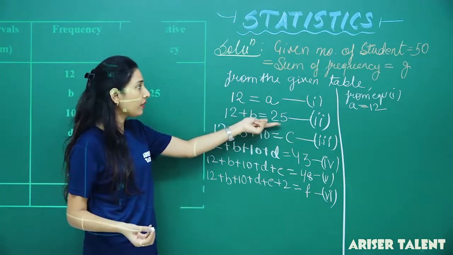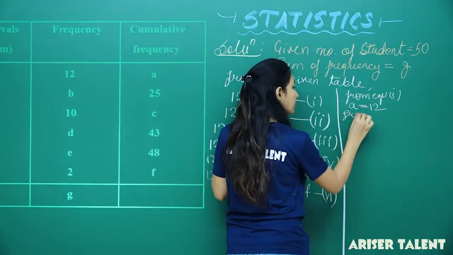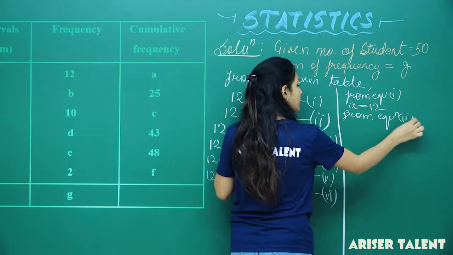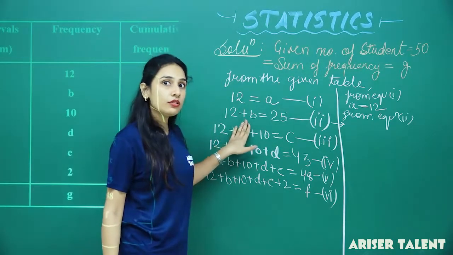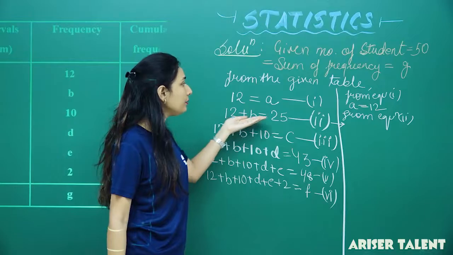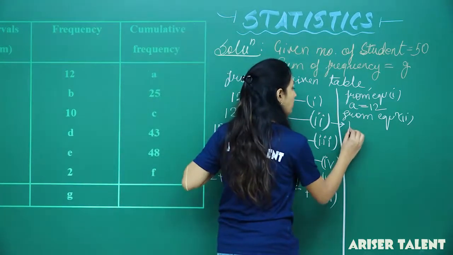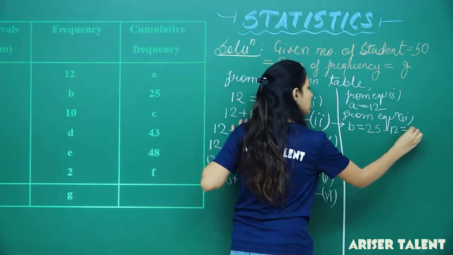I am talking about from equation 2 because there is no A here. So, from equation 2, which is this, we are having 12 plus B equals to 25. So, that is for sure that B equals to 25 minus 12, that is 13. So, B equals to 25 minus 12, that is equals to 13.